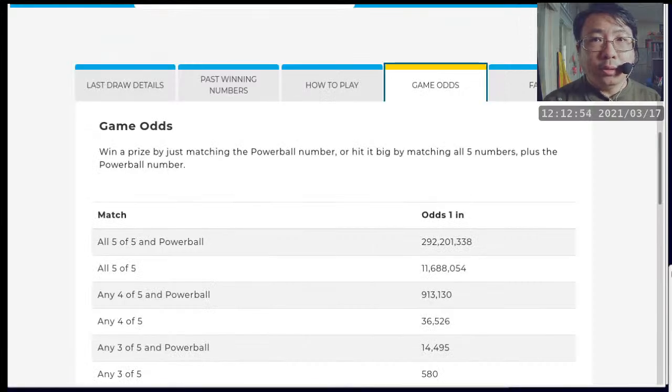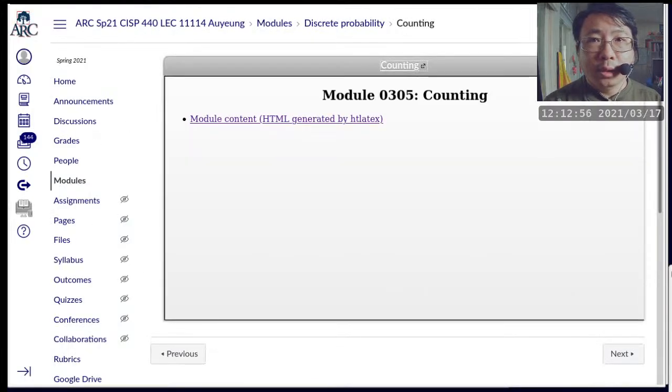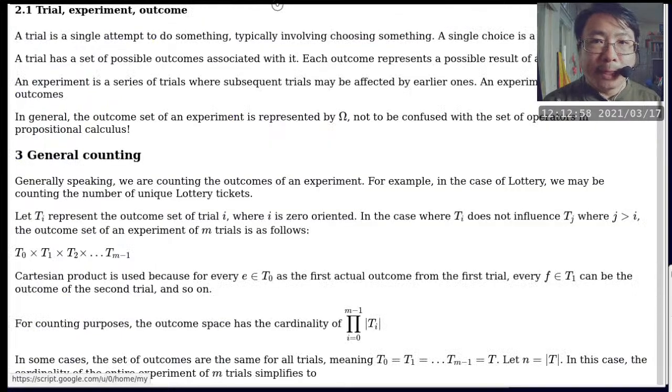So this is just a graphical way for us to look at the same thing. And now we continue with the notes, which is over here. So if I use this notation where T subscript I represents the outcome set of trial I, and it is 0 oriented, then the outcome set of an experiment of M trials would seem to be like this.